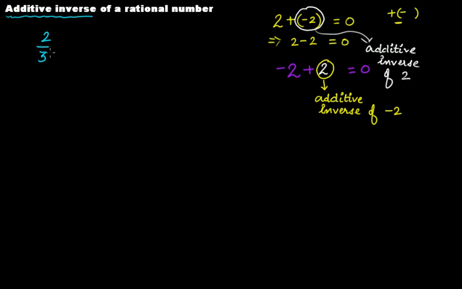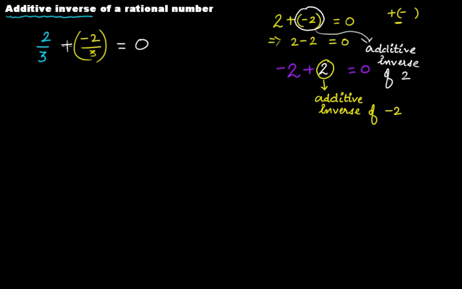So same thing will be applied here. This is 2 over 3. What should I add to this number such that that becomes 0? Clearly this is 2 over 3. Therefore, if we add minus 2 over 3, then this becomes 0.